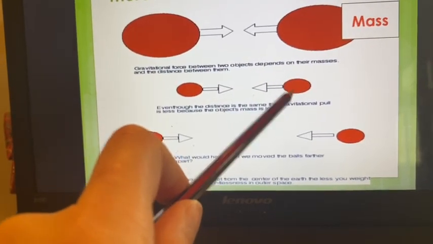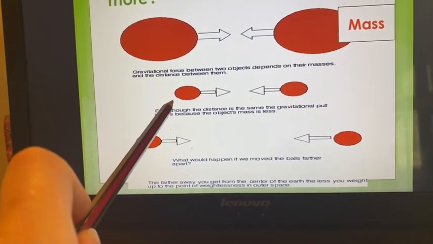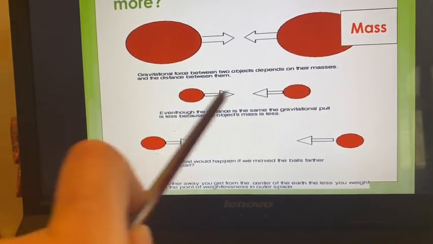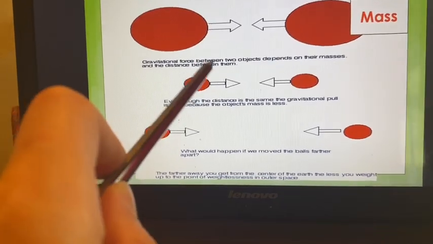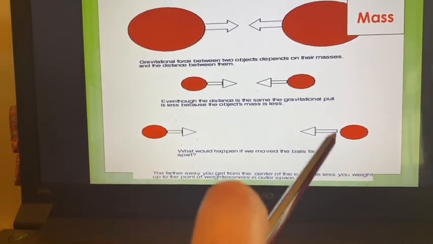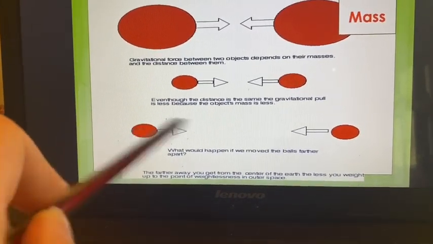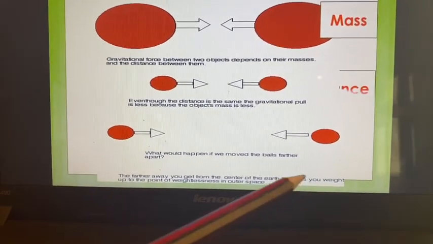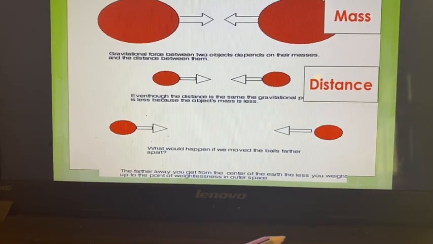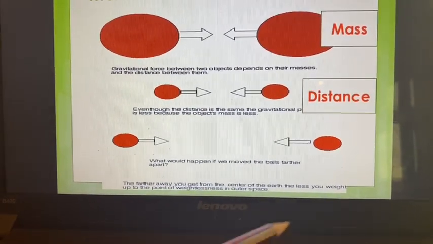Imagine that these are 2 magnets. If these 2 magnets are closer to each other, they will attract each other more. If they are further from each other, they will attract each other less. So the other thing that gravity depends on is the distance, how far the object is.